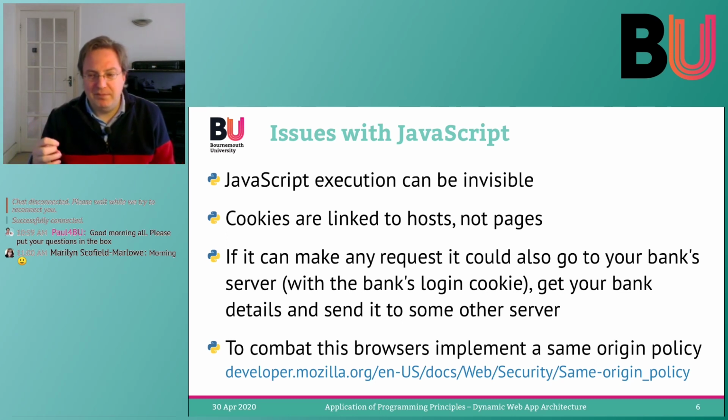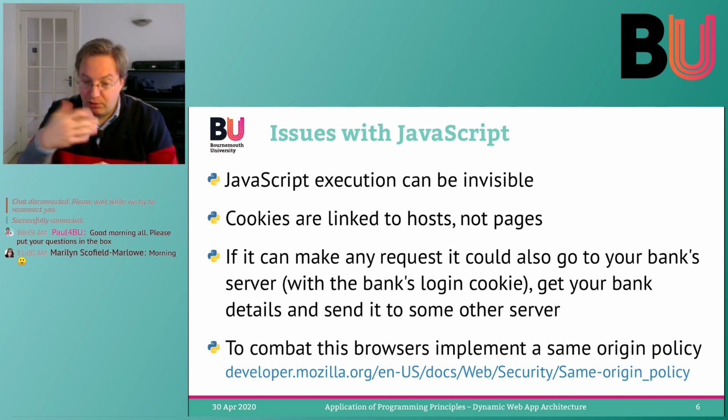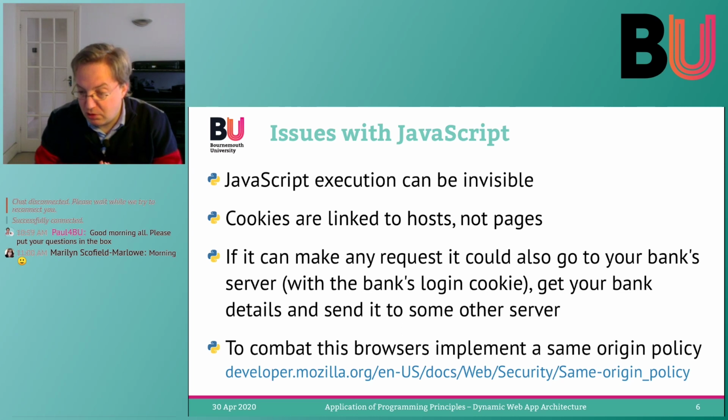So yes, the JavaScript that came from host A cannot see the cookie for host B, but it can still make use of it. Well, except that there are all kinds of browser protections that stop this from happening, including the same origin policy. And when you're using pages, what you need to remember is that by default, you cannot just make requests to other hosts.